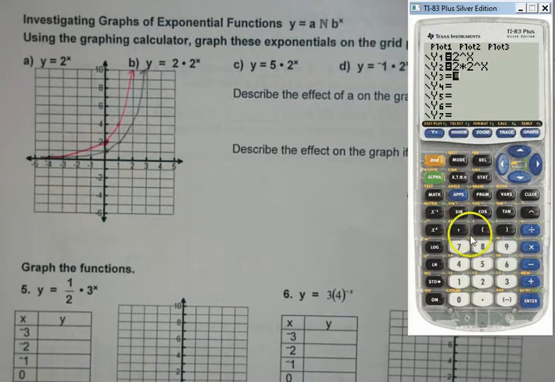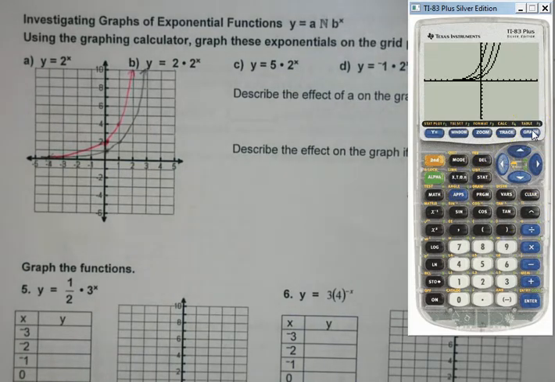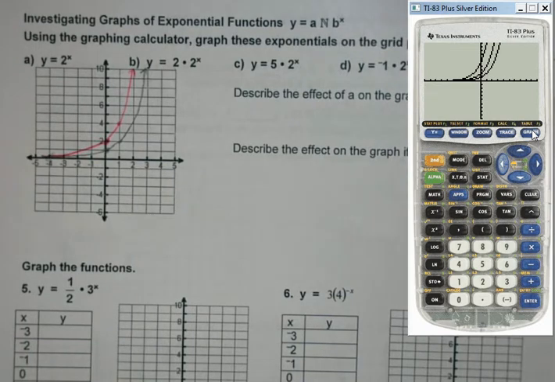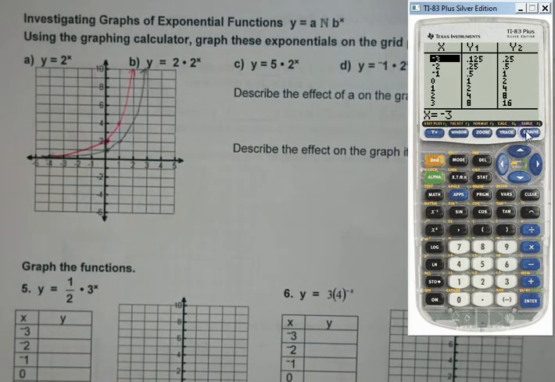Let's get one more going on the same graph, and then we'll start erasing some things. 5 times 2 to the x. Let's see. Oops. 2 to the x. There we go. Let's see. Let's bring the table up. Was it 1?